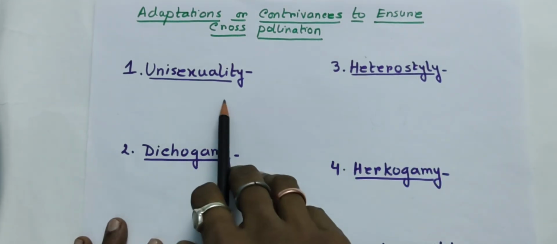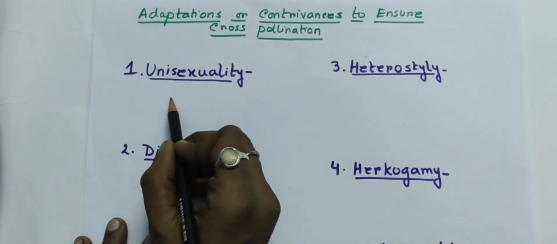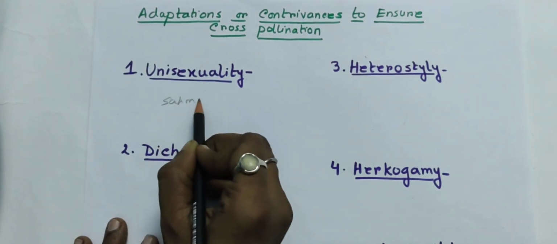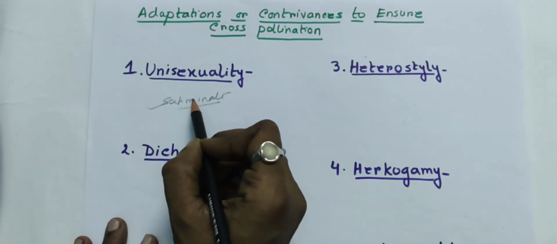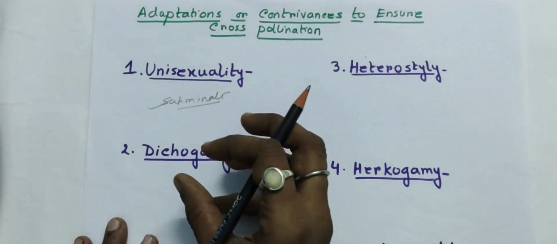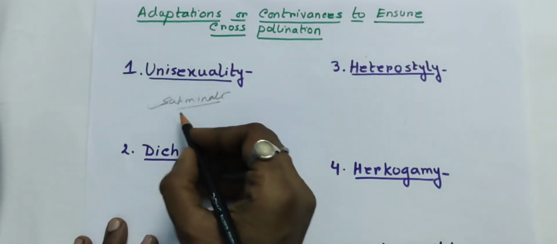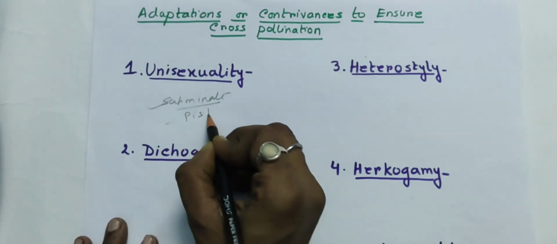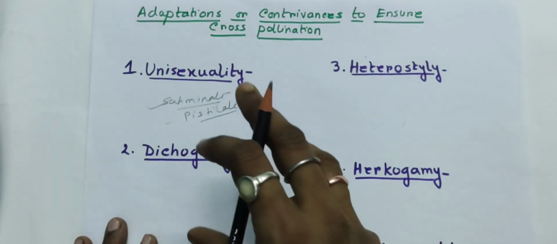First, unisexuality. That means the plant has a staminate flower. Staminate flower means the flower has only the male reproductive part, that is only androecium. Only male part bearing flower is called staminate flower. Same as pistillate flower, that means only female part bearing flower.